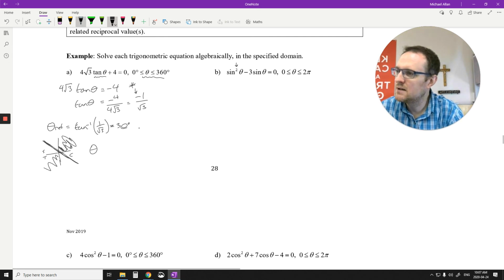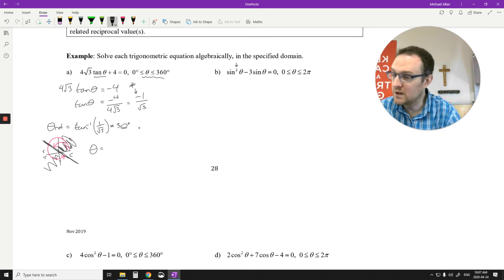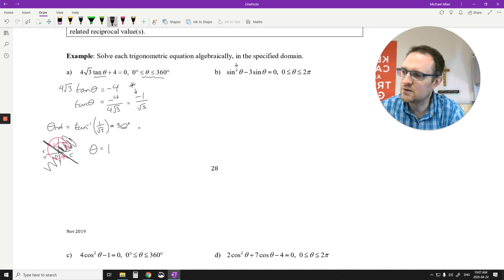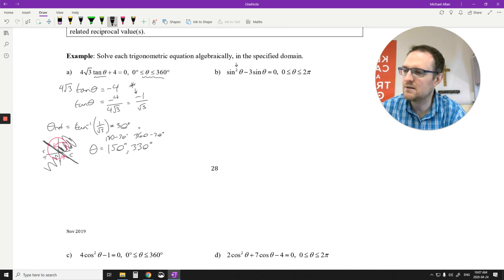So theta are those 2 standard position angles in one circle, from 0 to 360. So I'm going to have these 2 answers of 150 and 330. We're in the second quadrant, so you go 180 minus the reference angle, and in the fourth quadrant, so you go 360 minus the reference angle.